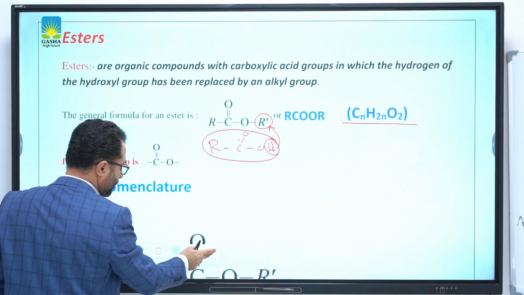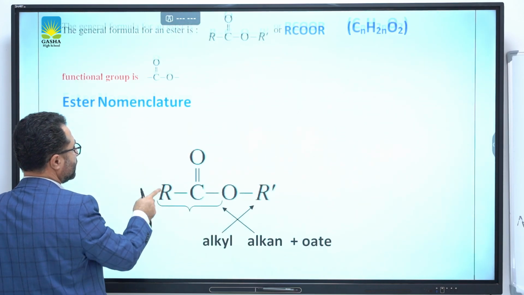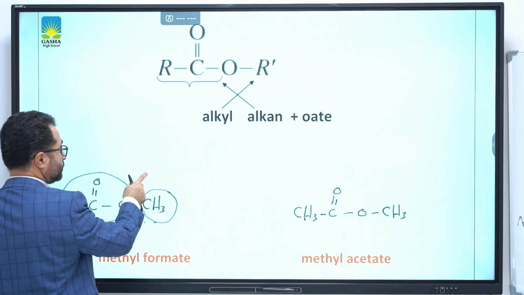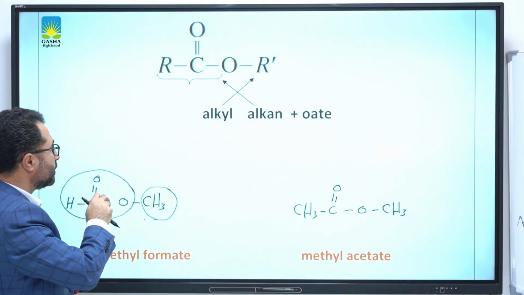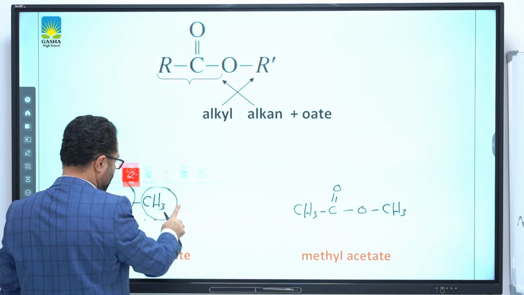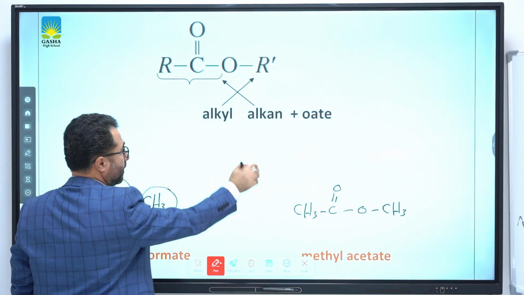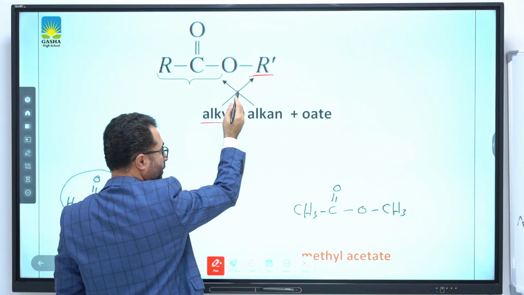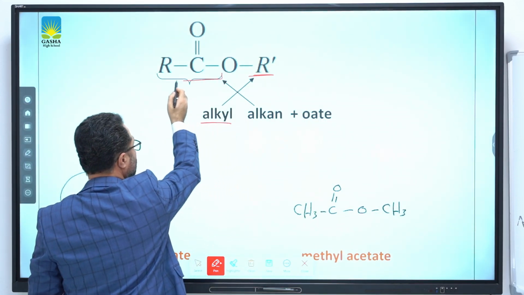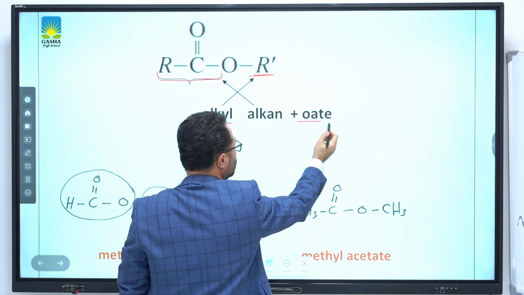The nomenclature of esters is different from the carboxylic group. Write the name of the right side first, the R alkyl group: methyl, ethyl, propyl, and so on. And the left side, name it as alkane plus OATE.